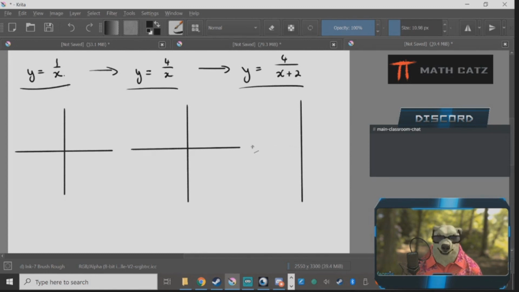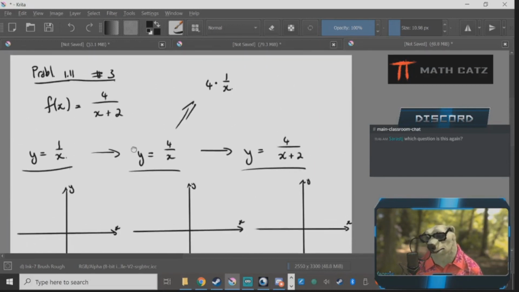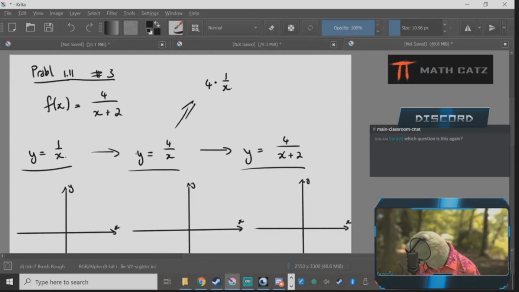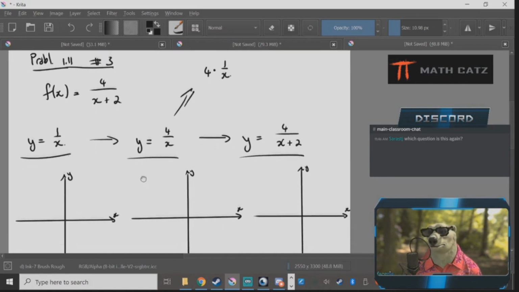I think my laptop doesn't like it when I go fast. The laptop is doing a lot of things. It's recording the video, it's streaming the video, multiple places, lots of things are happening for poor little Mr. Laptop. This is problem 111, number 3.